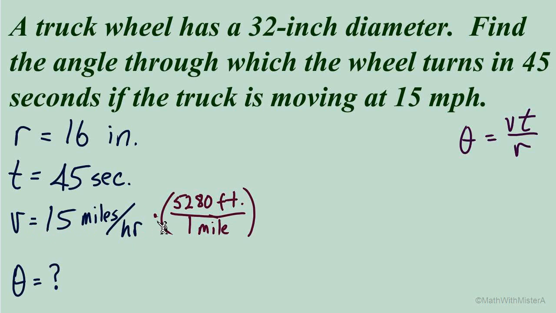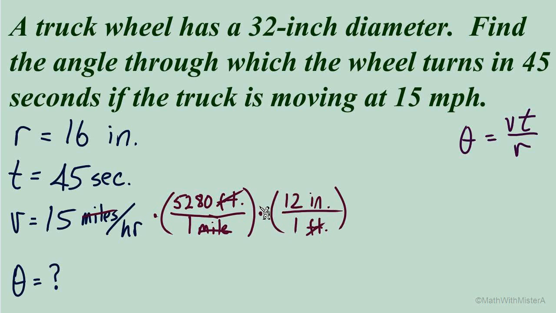So I'm doing a lot of changes with my linear speed. First, let's cancel the miles and get feet in its place. I don't have the number of inches per mile memorized, but this one I know, 5,280 feet per mile. Cancel out those miles. Now, I've got feet. I've got to cancel out feet and leave inches, and I can do that with 12 inches equals 1 foot. Feet units are gone.